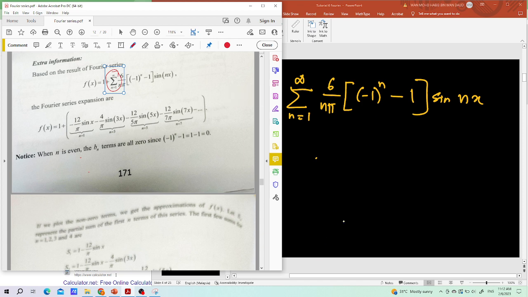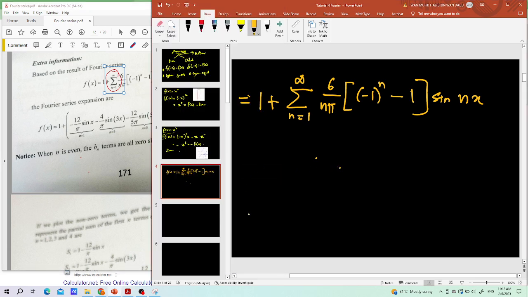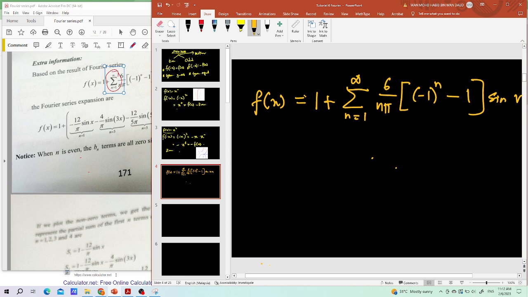Right, so what should we do? How can we get this function? We try to expand this. So f(x) equals 1, we just copy.